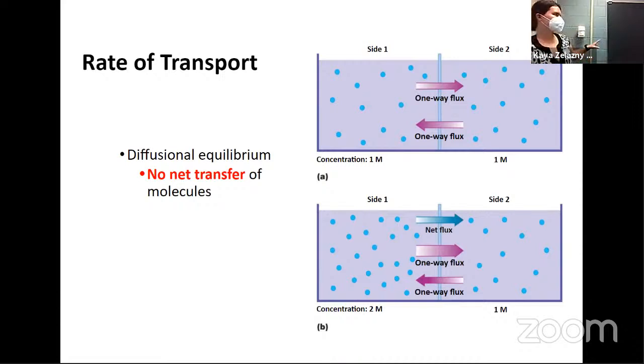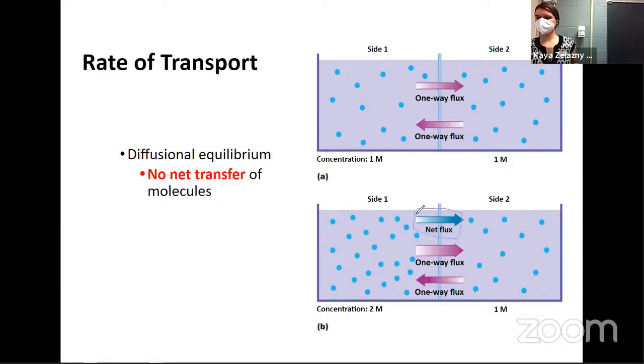So usually when we see this, we're just going to say there's no movement of the molecules. Now, in reality, if we think about chemistry, we know we're still jiggling around, but there's no net transfer. Simplify it that way. When we are not at equilibrium, we will have net transfer of molecules. We will refer to that as the net flux.